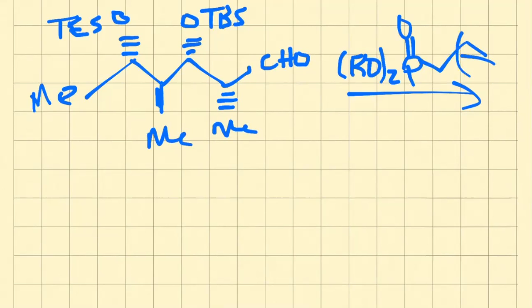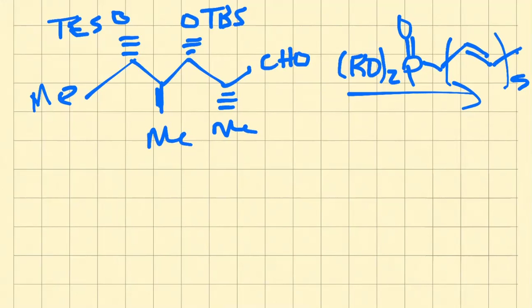So this thing is conjugated. It's got five alkenes in between, and there's an ester on the end.